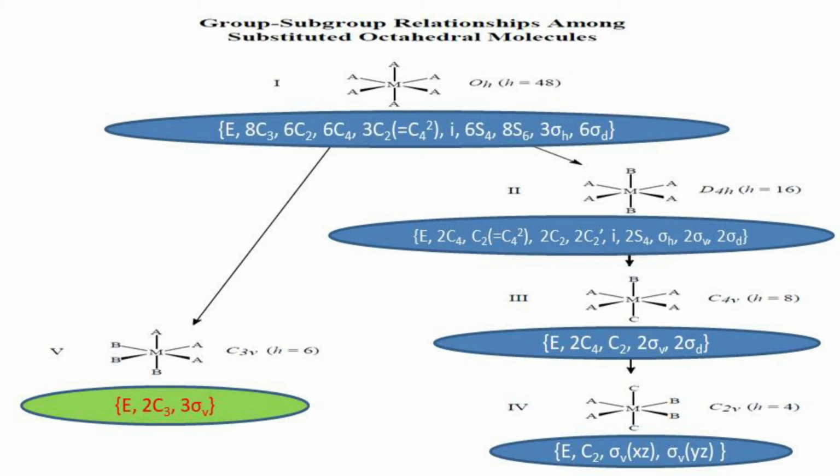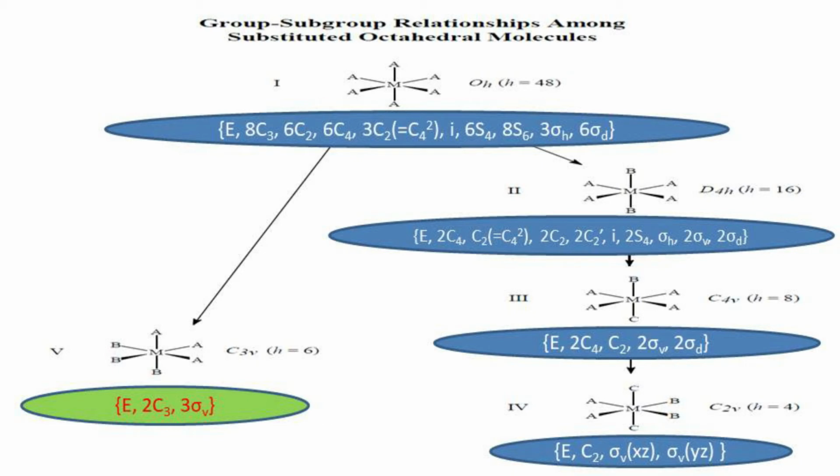From structure number 4, if I go to structure number 3, in addition to the operations possible in structure number 4, one more class is added. That's the C4 operation class. From structure number 3 to structure number 2, if I move, then there is addition of the subsidiary C2 axis, center of inversion, improper axis of rotation, and horizontal plane.